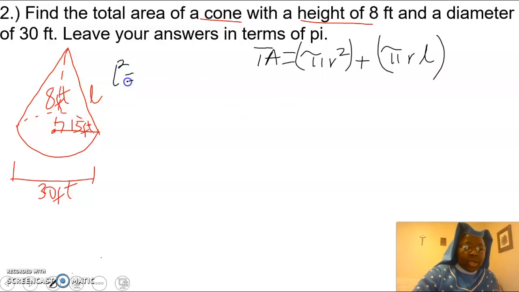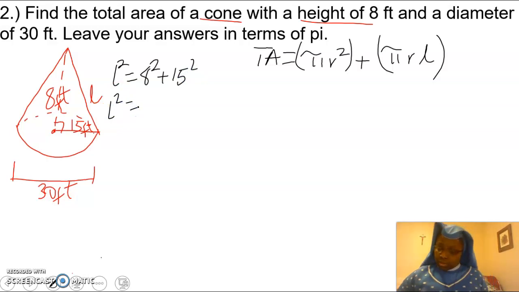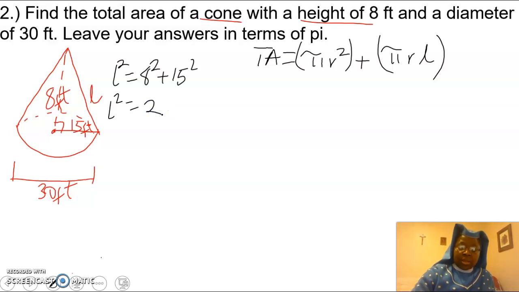So L squared equals 8 squared plus 15 squared. And so plug that into the calculator. 15 squared, so 289. And we take the square root of 289.